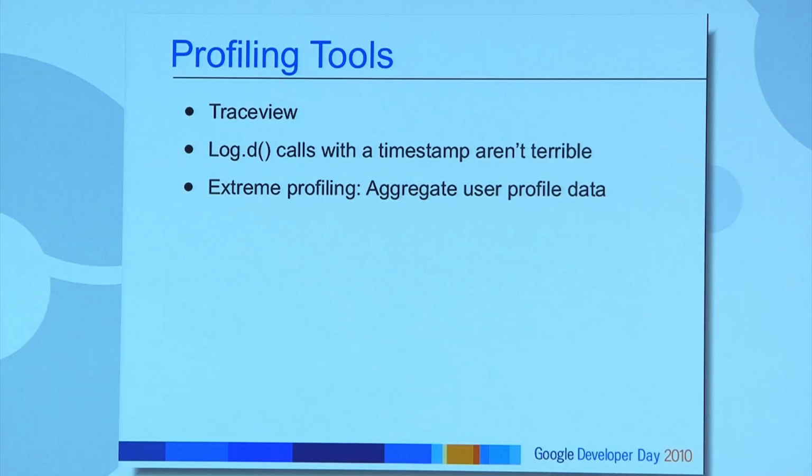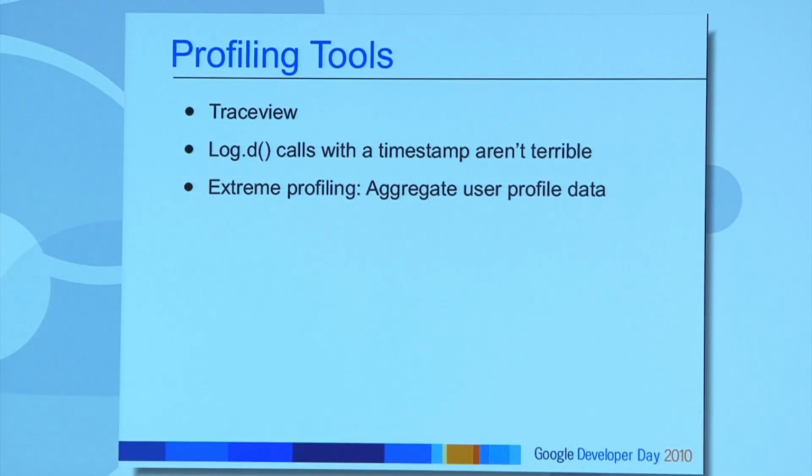And so then we get profile data from thousands of people, and we can aggregate it all together and find out with a great deal of accuracy what is the behavior of the program. Now, clearly, you can't do that with your customers. That would be a major privacy issue. But, for example, if you are a game company and you're developing a game with 10 developers, have 10, 20 people play the game for 6 hours and get the profiling information from all of them. You'll get a huge amount of information that way.